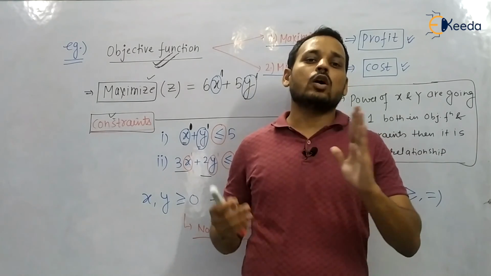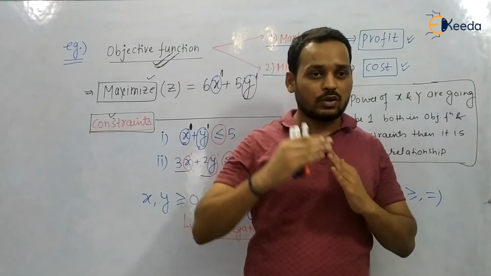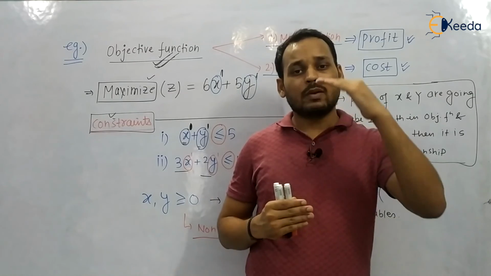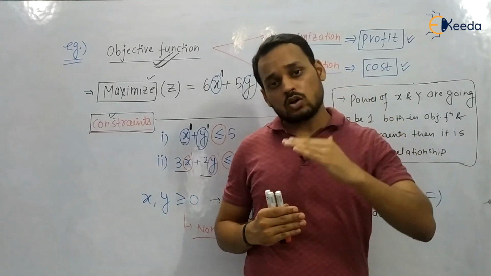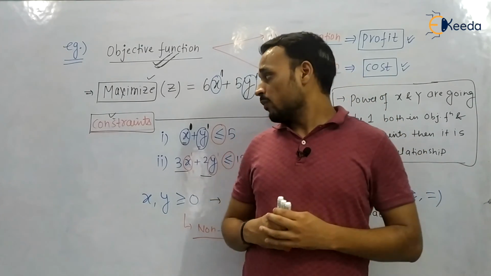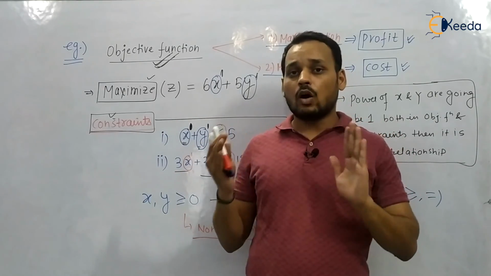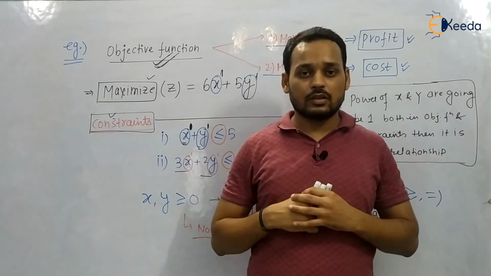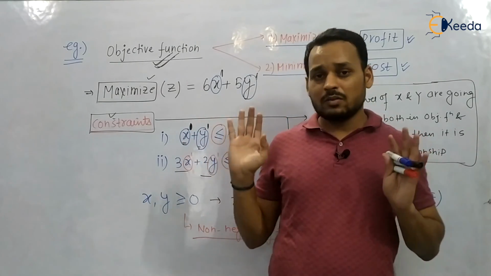Either you maximize or minimize the objective function. Whenever there is profit, you maximize it; whenever there is cost, you minimize it. In the next lecture we will talk about how to solve these types of questions with the help of the graphical method. This is just the basics.